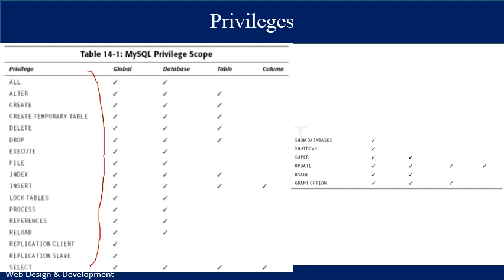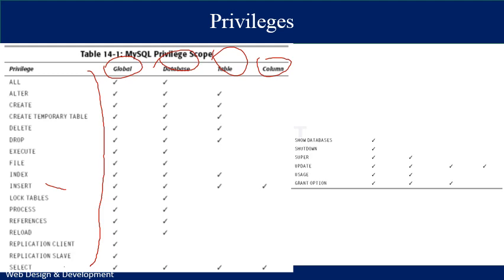The first column provides the name of the privilege, and the second column shows whether these privileges are applicable at the global level of your databases, or whether they can be assigned at database level, table level, or column level. So as you can see, there are some privileges such as insert, which can be assigned at all levels.